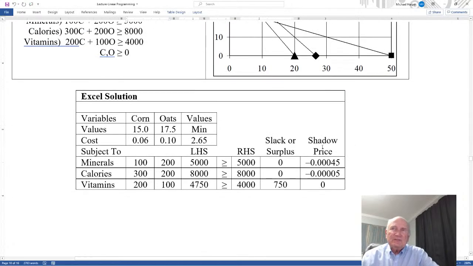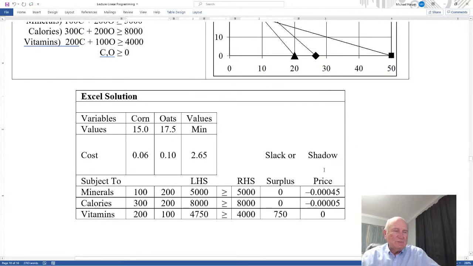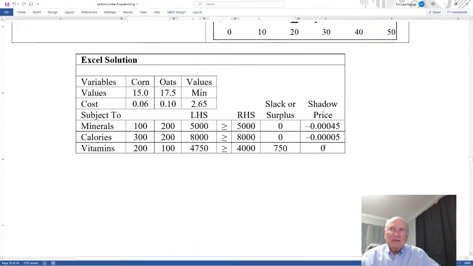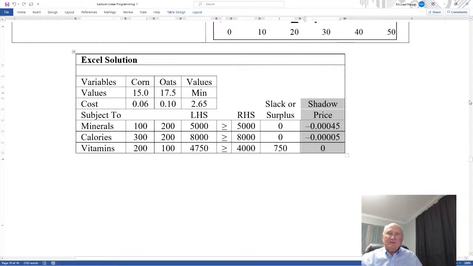Now in this one, notice the shadow prices are negative. Oops. The shadow prices are negative. Again, I use this as an introduction to a linear programming course. Actually, that'd be nice to have a course on operations just in linear programming, goal programming, integer programming. We should, because it's helpful in business.